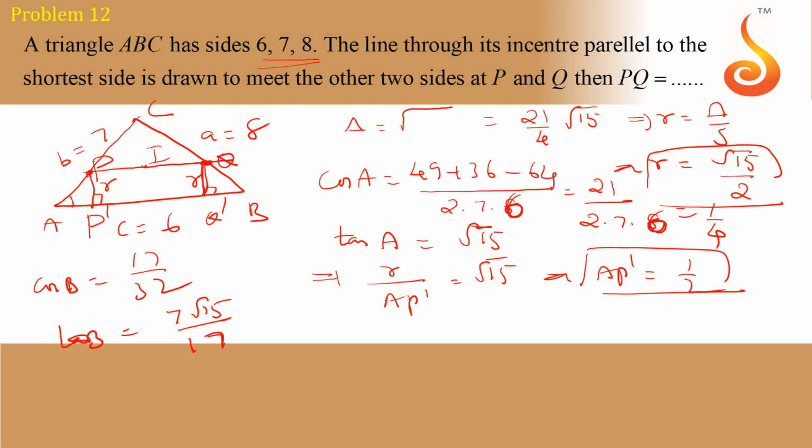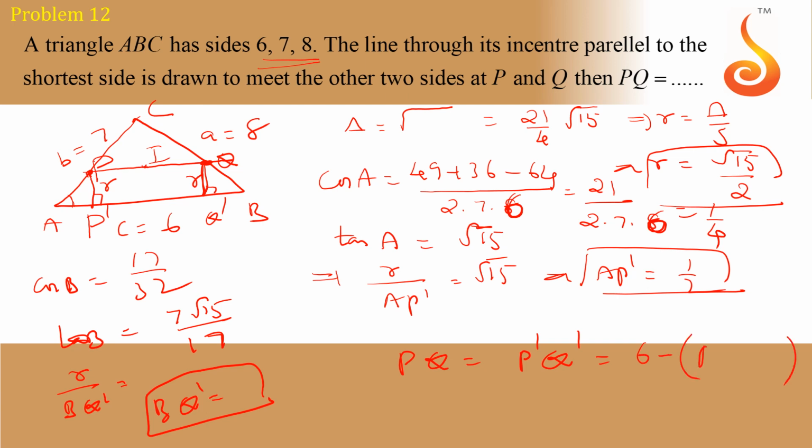Then again tan B will be what? R by BQ dash, no? So R value you know, so from this you will get BQ dash value. So the requirement is PQ, which is nothing but P dash Q dash, which is from 6, you have to remove AP dash plus BQ dash, which already you know. Okay, I hope you can simplify.